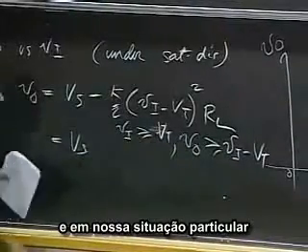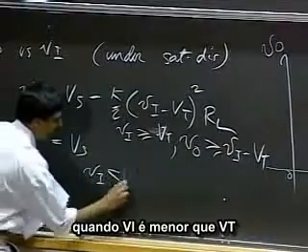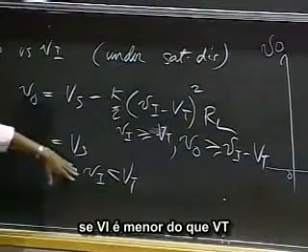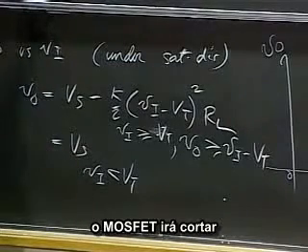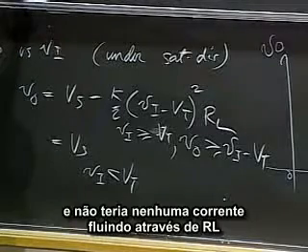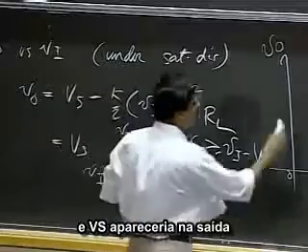In our particular situation, when VI was less than VT, output would simply be VS. If VI is less than VT, the MOSFET would turn off. It would switch off, and I would have no current flowing through RL, and VS would appear at the output.